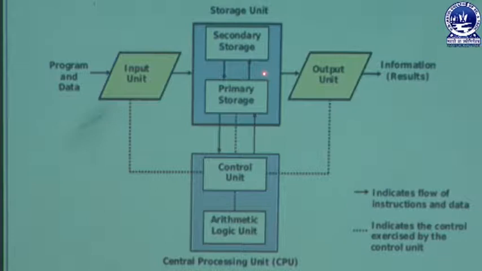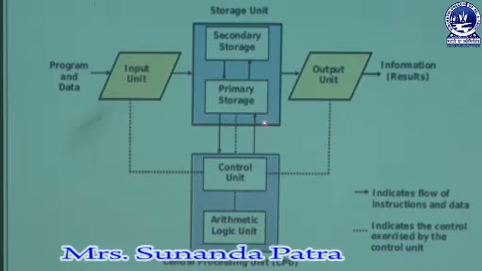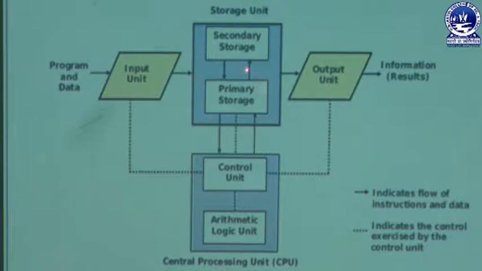There we will discuss further why the information is stored in secondary storage. You just remember that the information will flow from the arithmetic logic unit, or central processing unit, to the storage unit.